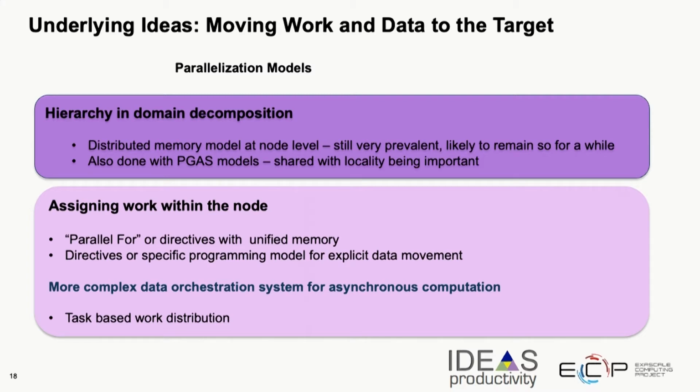But in some cases it works well, in other cases it does not work well. Many people go with the directives option, where they can be OpenACC, OpenMP, or some other kinds of directives which explicitly tell the code that this is where the data needs to move, or people can just work with unified memory, and parallel fors typically work with the unified memory mode much better.